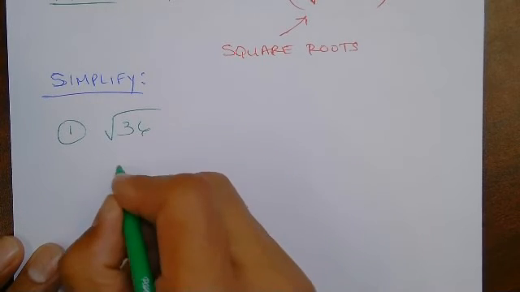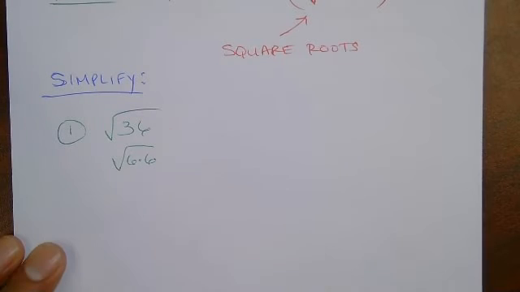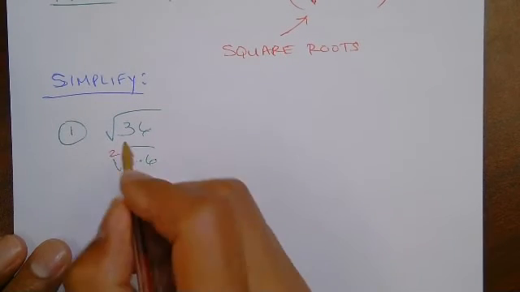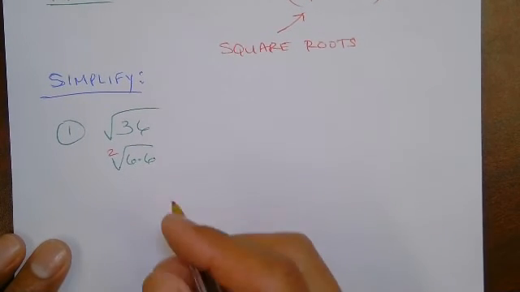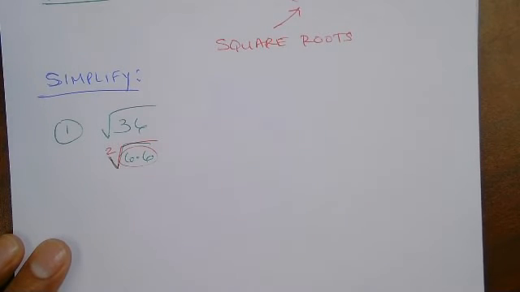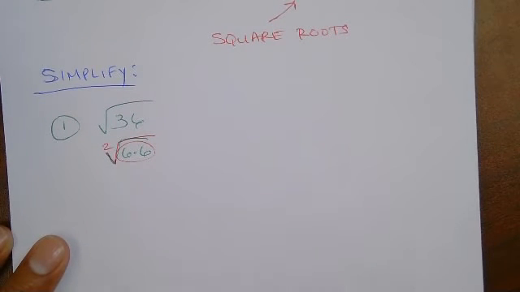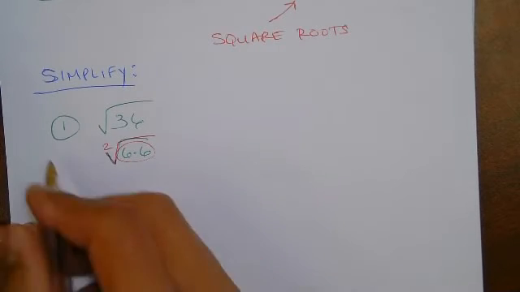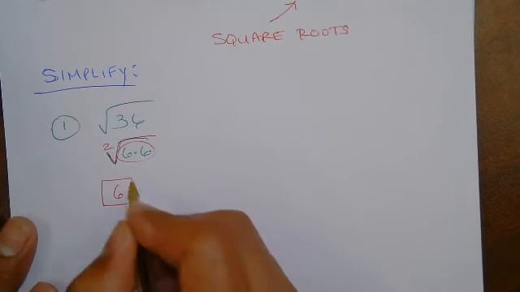The answer is 6, because this is 6 times 6. That's why you don't write a 2, they don't write it because it's the first one. But once you have 2 of the same numbers multiplied to each other, they come out as 1. So I have a set of 2 6s here, so it comes out, and that's why the answer is 6.